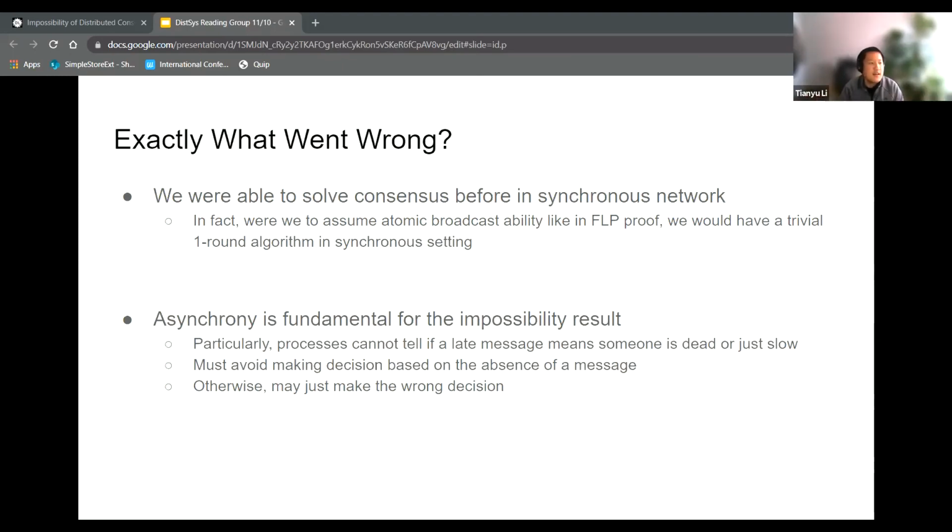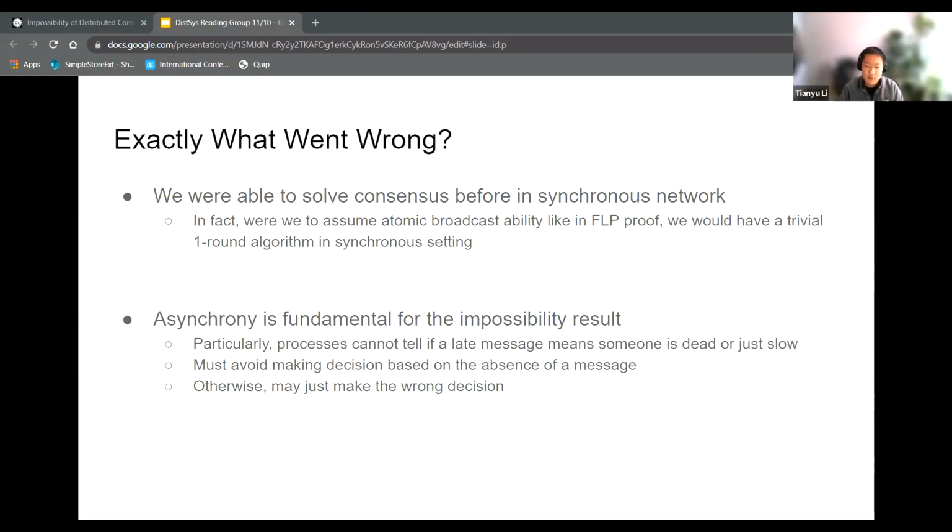It's like magic, right? But we cannot do that, because asynchrony is a fundamental part of the impossibility result. Particularly, processes cannot tell if a late message means someone is dead or just slow, right? And the whole point of Lemma 3 is that you must avoid making decisions based on the absence of a message.